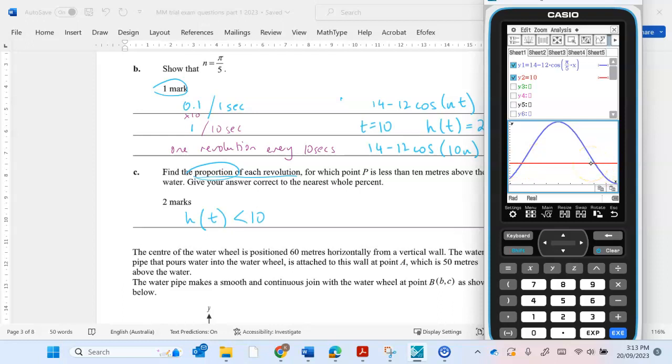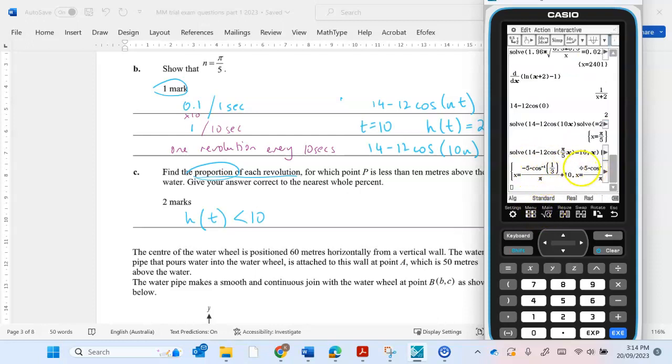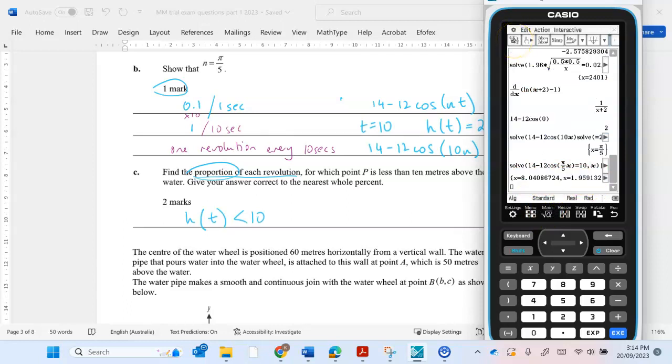We need to know the proportion of each revolution for which point P is less than 10 meters. So we want between 0 and this point, and from this point to 10. So that's what the two points I found here are. It might be easier if we show the decimal.